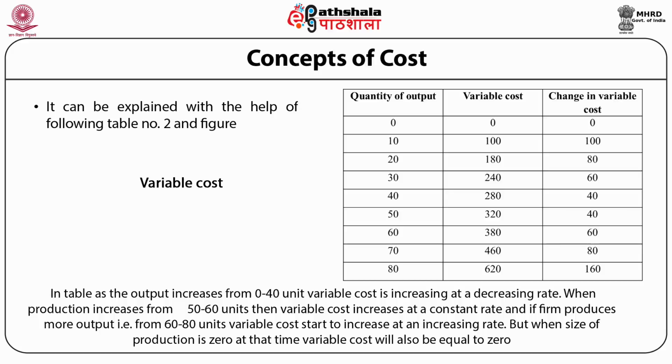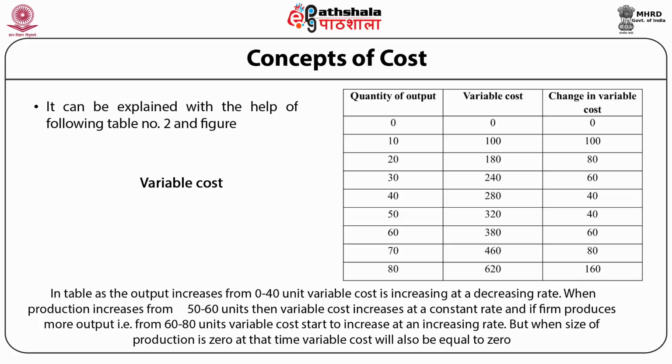But when the firm goes on increasing production from 50 to 60 units, then variable cost increases at a constant rate. And if the firm produces more output, that is from 60 to 80 units, variable cost starts to increase at an increasing rate.